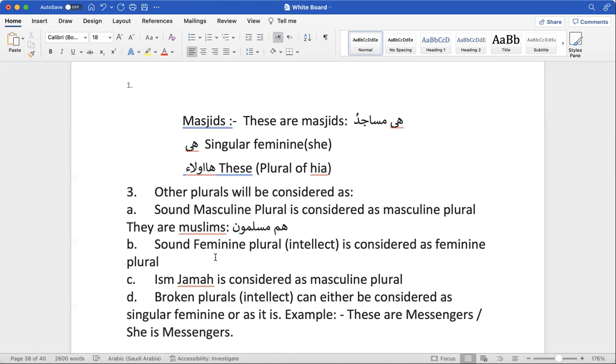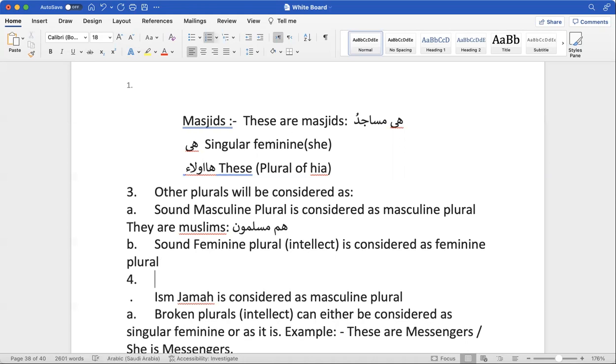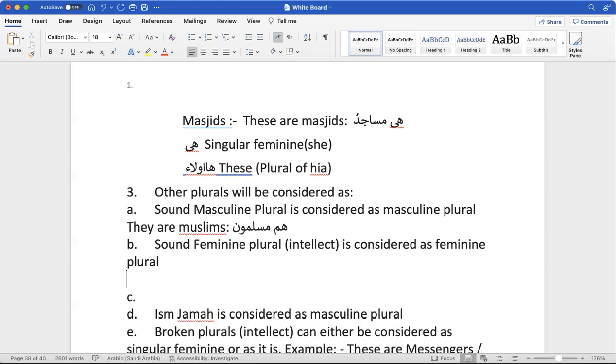Okay. Likewise, you have sound feminine plural, also intellect, Muslimatun. So if I had to say, for example, they are Muslim women.